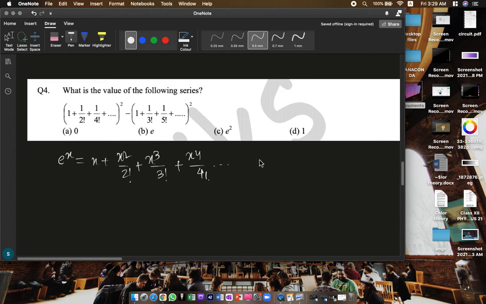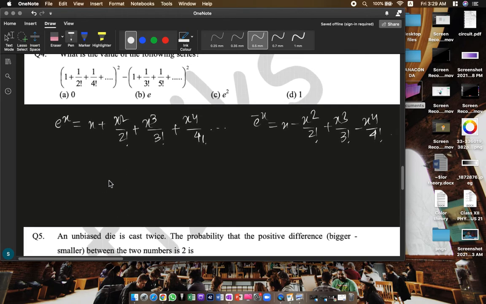And e to the power minus x is the same, that is 1 minus x plus x square by 2 factorial minus x cube by 3 factorial plus x to the power 4 by 4 factorial, and so on. So I can see a kind of similarity, but there is a factorial outside. So how can I utilize it?